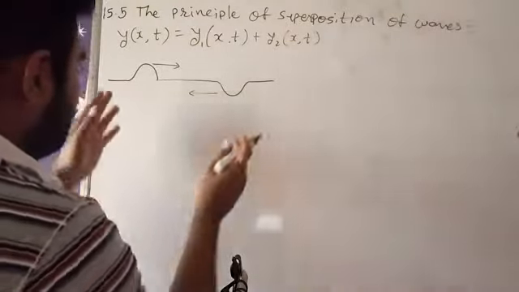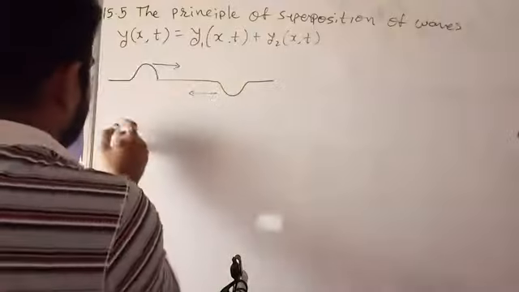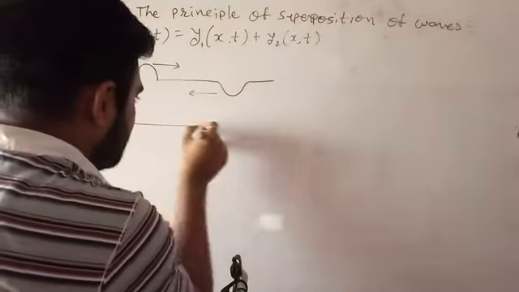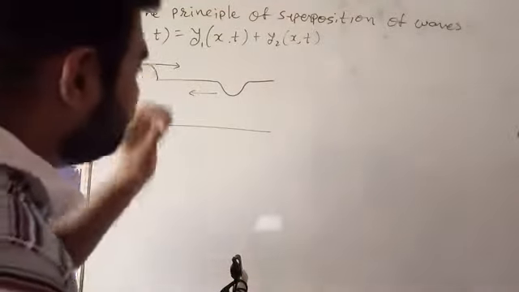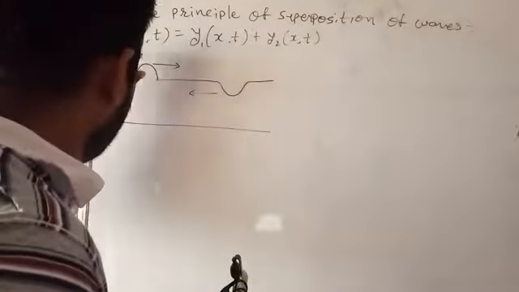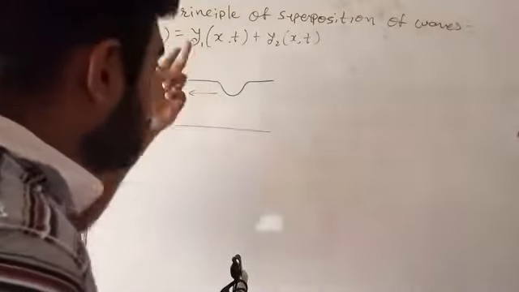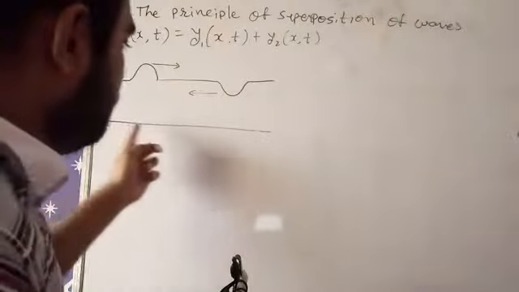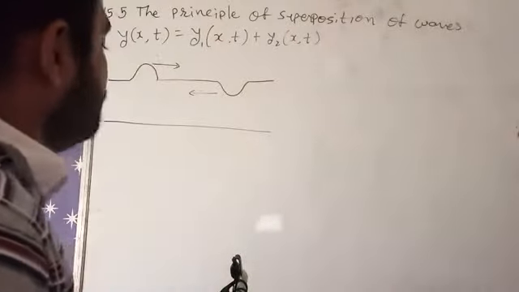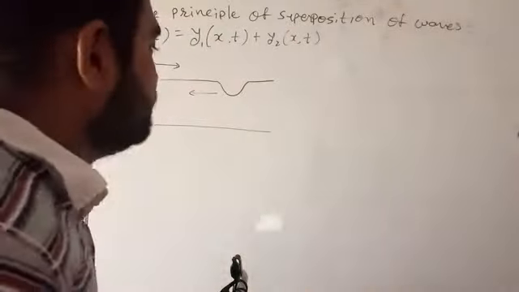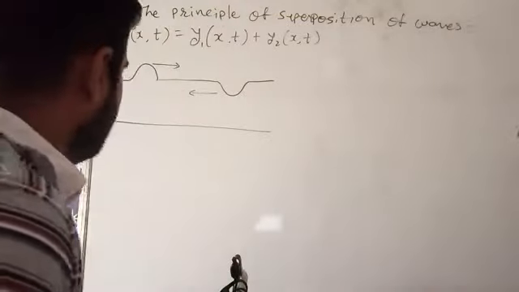After some time they will meet at some point, and at that instant the string doesn't have any crest or trough because both are the same but in opposite directions. So at that particular point we don't have any oscillations, any crest or any trough, right?